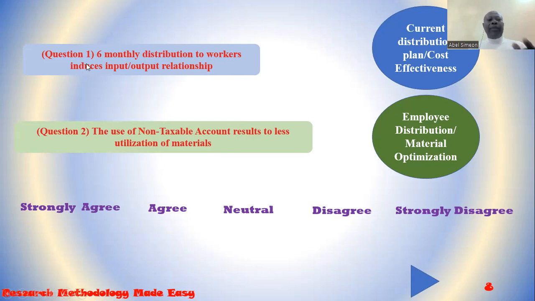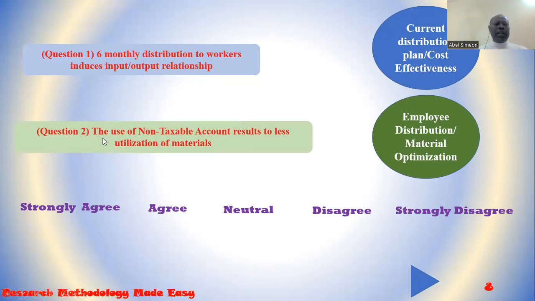You have already asked: 6 monthly distribution to workers induces input-output relationship. You want to find out if you pay workers 6 monthly, does that encourage the workers to put in more effort? Look at it, I've already said here, current distribution plan, cost effectiveness.